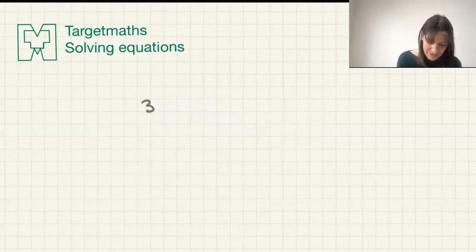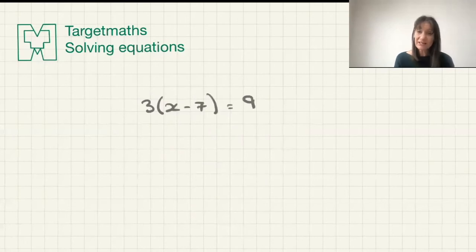So we're going to do 3 times the bracket x minus 7 equals 9. So have a go at that question for me. Okay, so we've got to expand our bracket, haven't we?